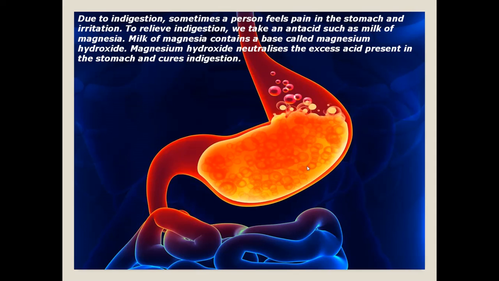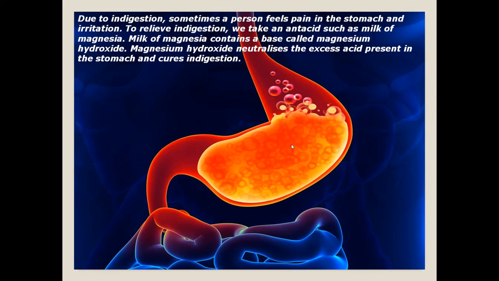As you have learned in the previous slides, milk of magnesia contains a base, and the name of that base is magnesium hydroxide. Magnesium hydroxide, as it is a base, neutralizes the excess acid present in the stomach. It reacts with the acid. Here magnesium hydroxide is the base and the acid produced in the stomach is hydrochloric acid.